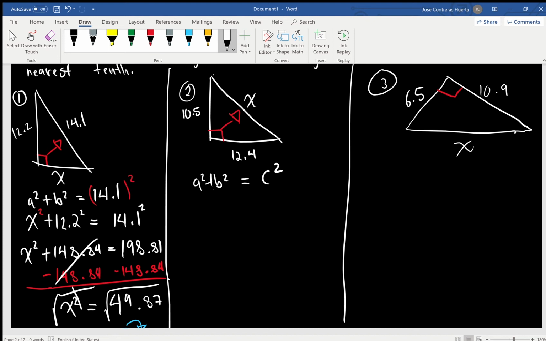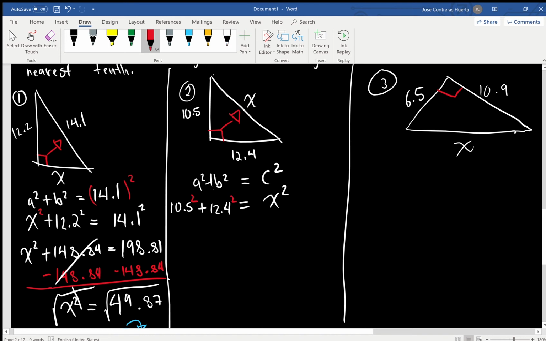So no longer am I going to have it on the left like in example 1. In this case, it's going to be on the right. So it's going to be x squared. And now the other two, a and b, are going to be 10.5, let me put the square in red, plus my other side, which is 12.4, and that also has to be squared.